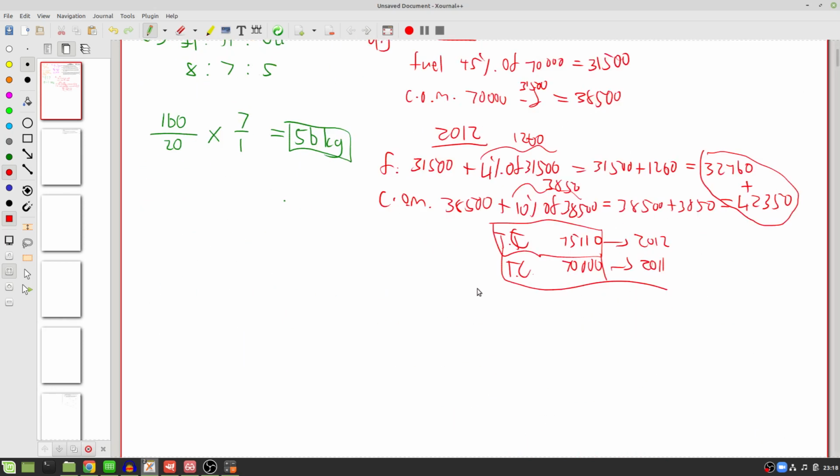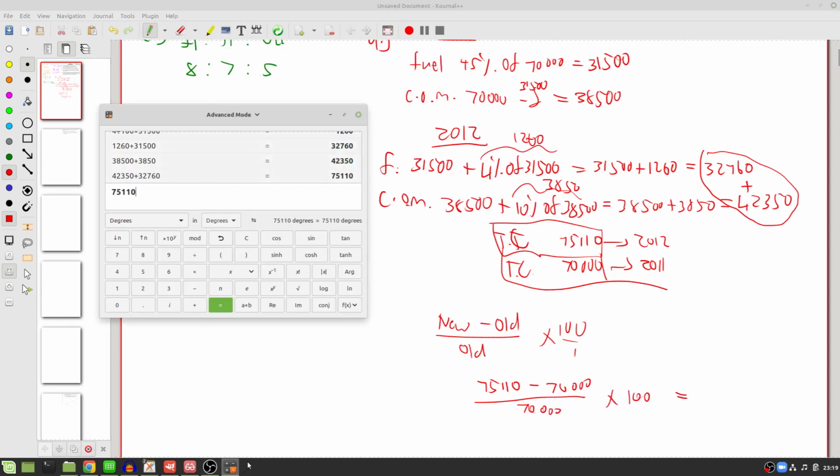The percentage increase, the general formula for that is the new value minus the old value, divided by the old value, times 100 to get the percentage. So our new value, the 2012 value, is 75,110 minus the old value, 70,000, divided by the old value of 70,000, and then we multiply that by 100 to get it into percentage.